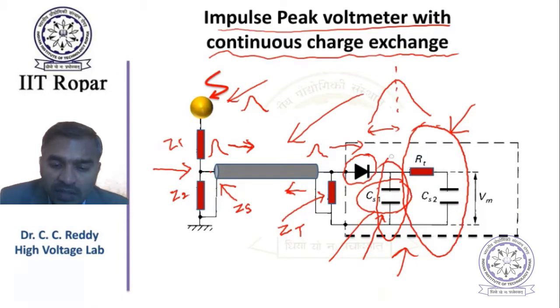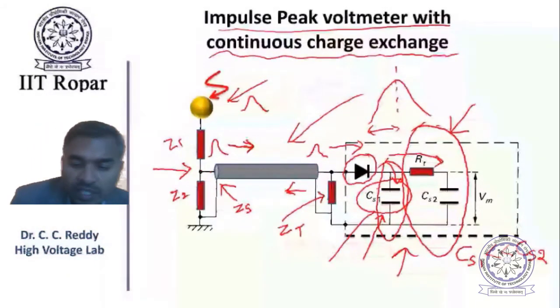So charge will enter into both these capacitors through this, and CS1 will get quickly charged. Actually, the magnitude of CS1 is much less than CS2.